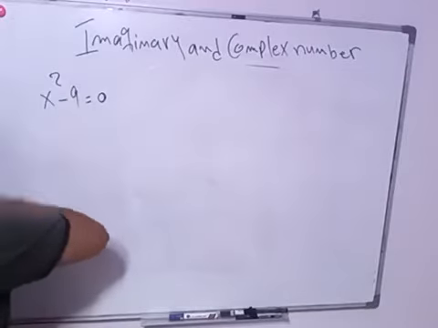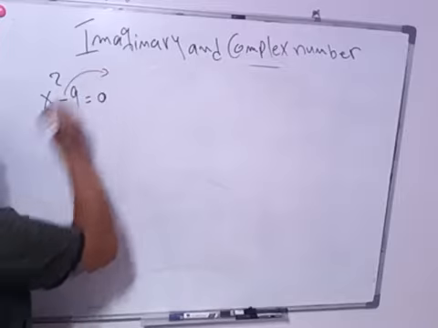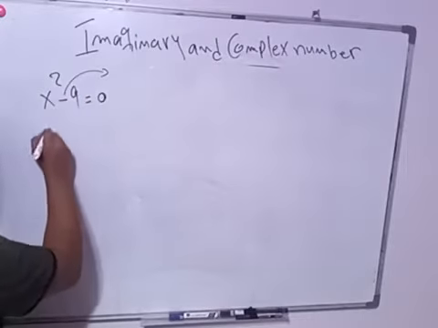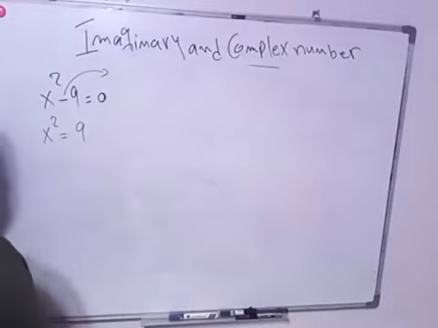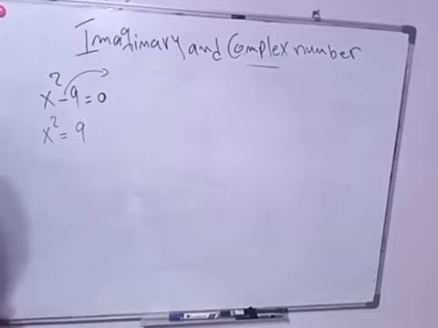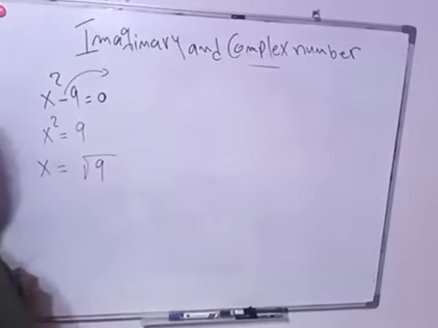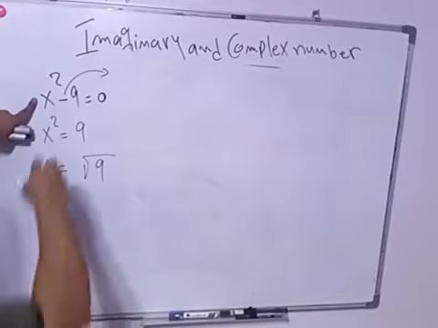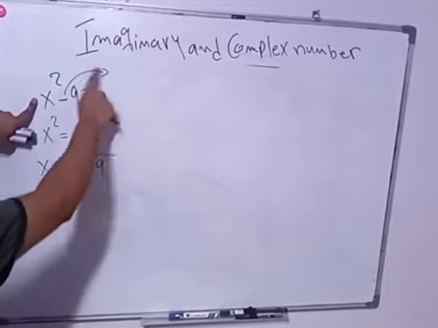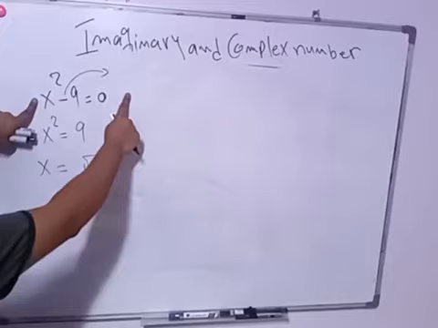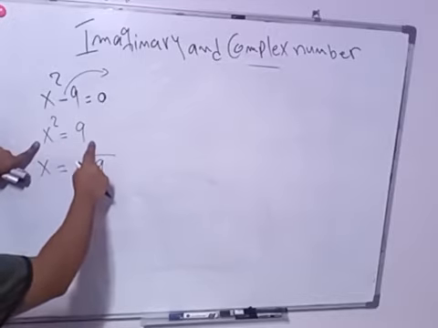Yes, the first step, transpose to the other side with opposite sign. X to the power 2 equal 9. Take square root to the other side. I have x to the power 2 minus 9 equals 0. Transpose to the other side with opposite sign. I have x to the power 2 equal 9.